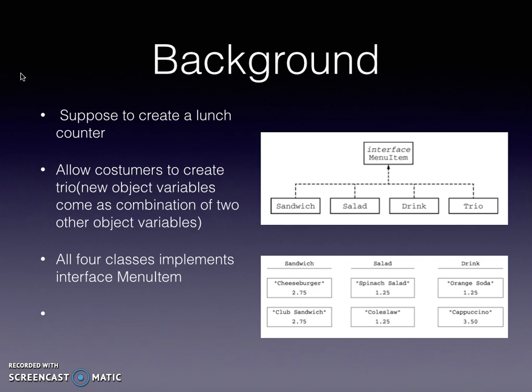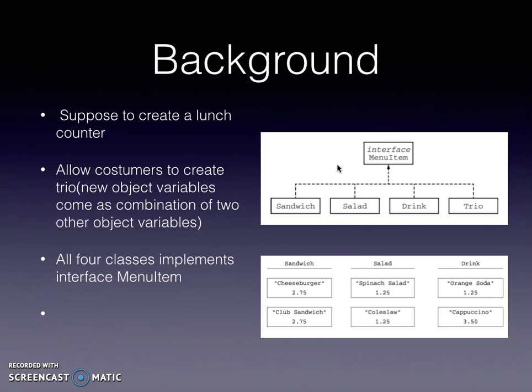The question requirement states that we are supposed to create a launch counter, which we can see here in the picture, originally from the College Board stimulus material of the released 2014 real exam. We can see this class relation chart, in which four classes are at the same level: class Trio, class Drink, class Salad, and class Sandwich, and they all implement the same interface, MenuItem.